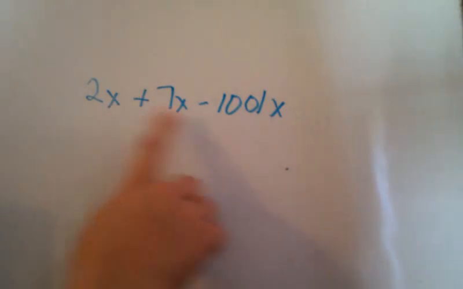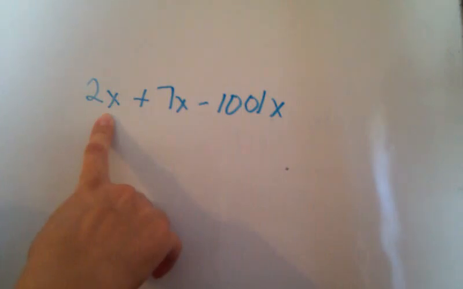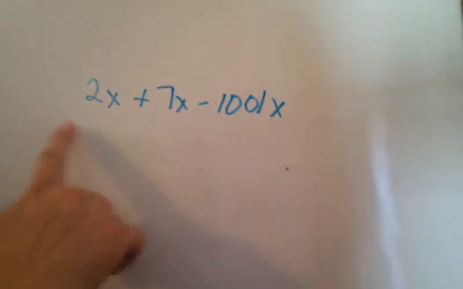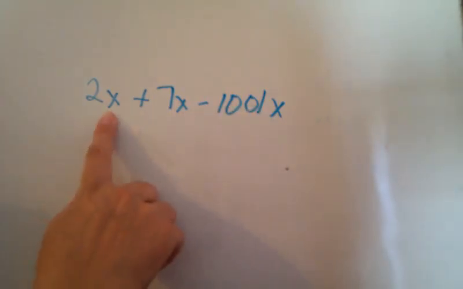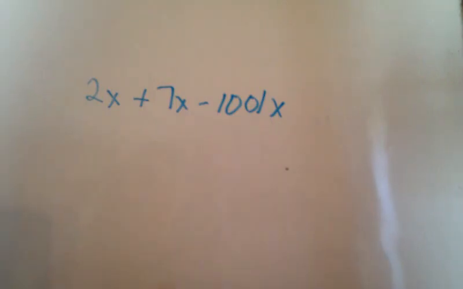Look at the variables. They all have x, so these are like terms. Alright, how many terms are there? Let's count them. Remember, a term is anything combined by a plus or minus sign. So there's 1, 2, 3. That has 3 terms. And they are like terms because they have the same variable.